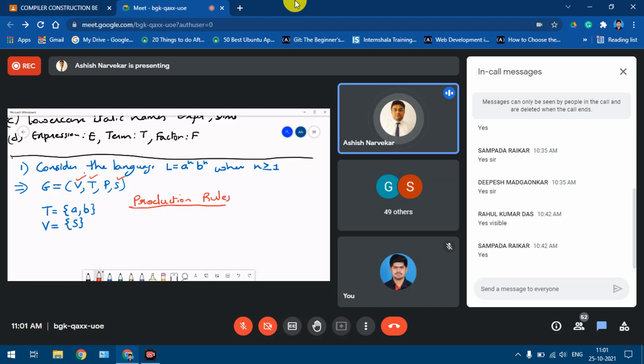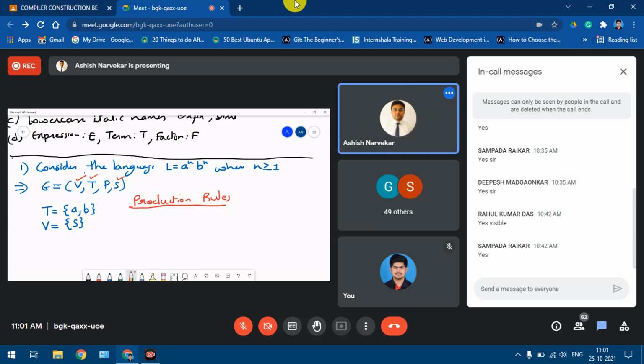Now the production rules that we define here should be such that they allow us to generate strings of this particular type: abb, abbb, or just ab, and similar. So how do we go about it?